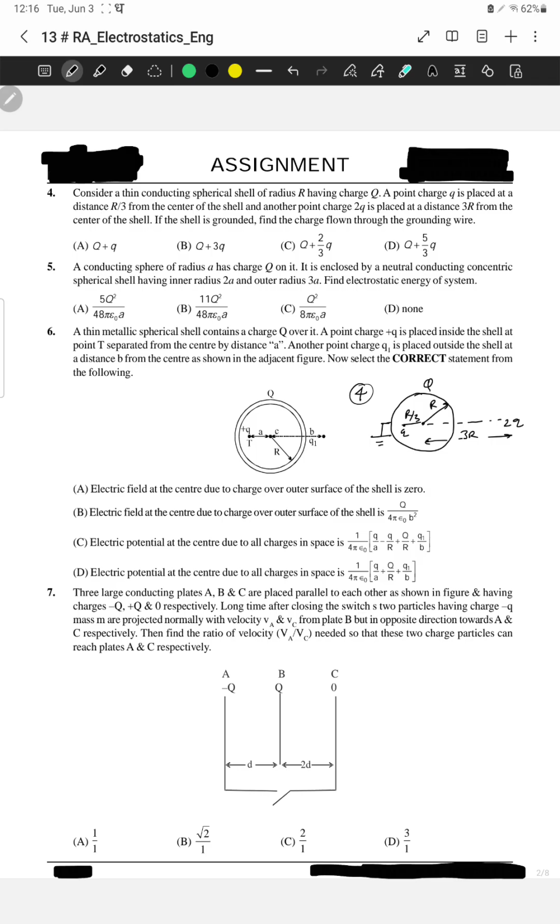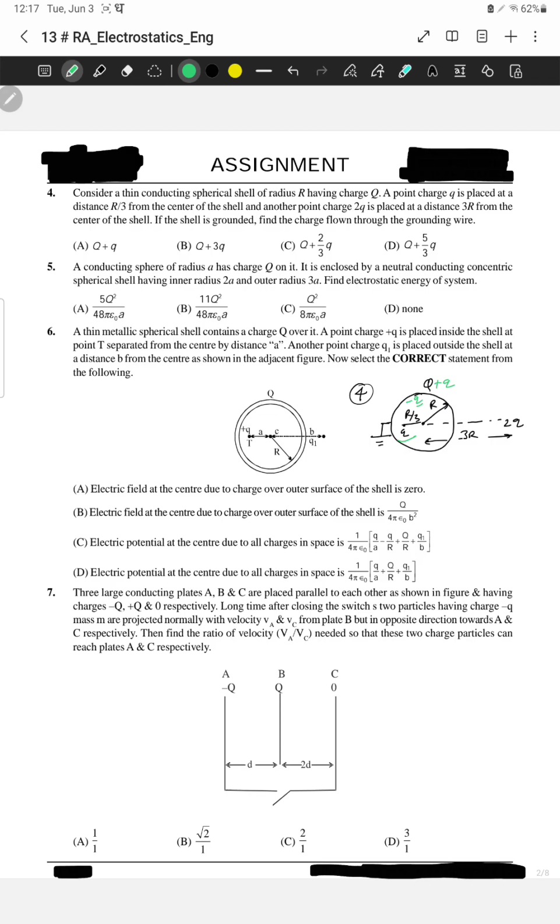So if we distribute the charges, the q charge inside the sphere will induce a minus q charge here, and plus q charge will come up. This q and minus q make a system, the cavity charges, which are cut off from the outer region and have nothing to do with the surrounding.